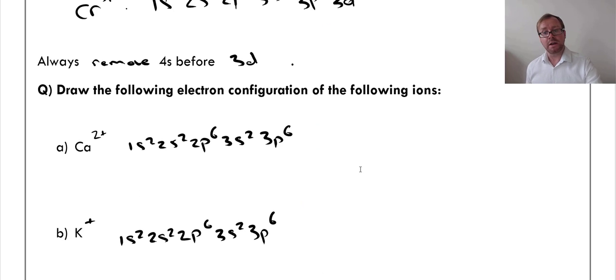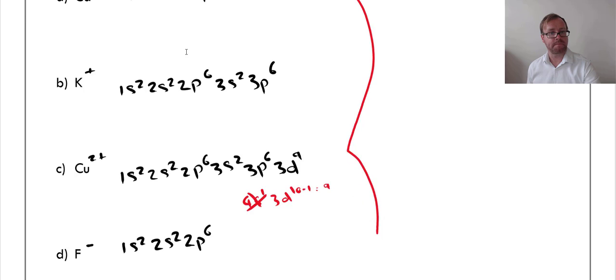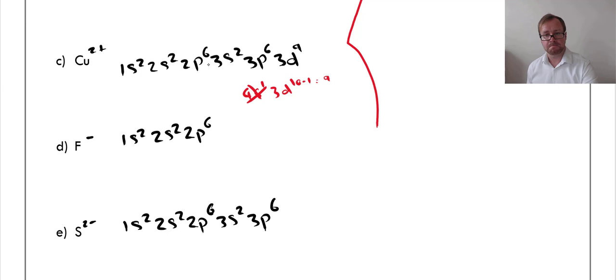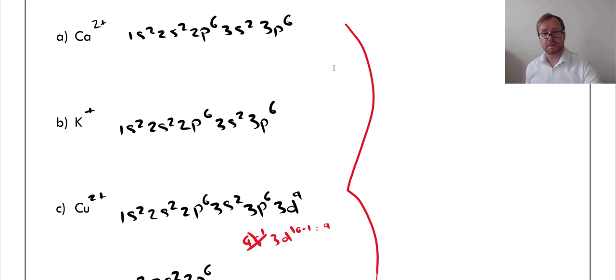So all ions, apart from transition metals, will have a completely filled subshell.